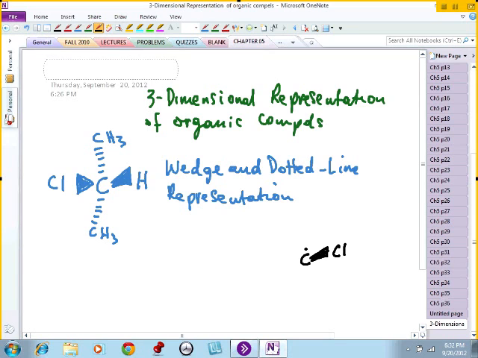And the hydrogen is going away from you, right? And the two methyl groups are on the plane of the paper. So the regular line tells you which bond is on the plane of the paper.